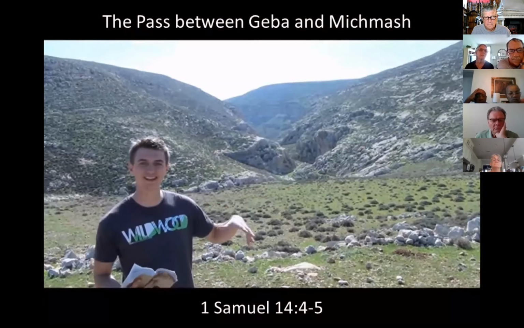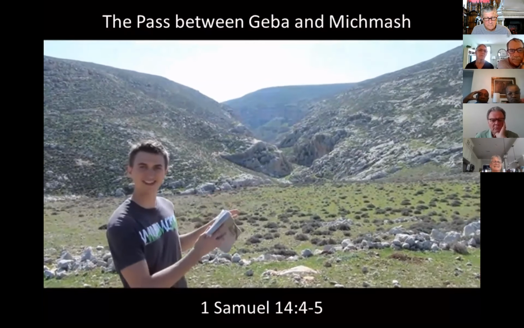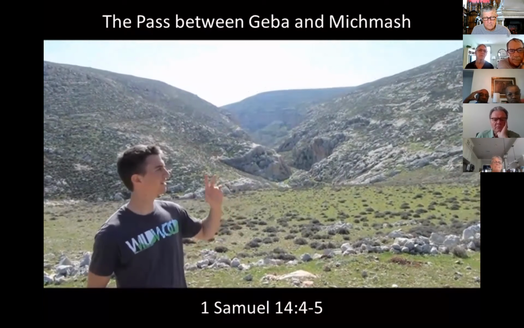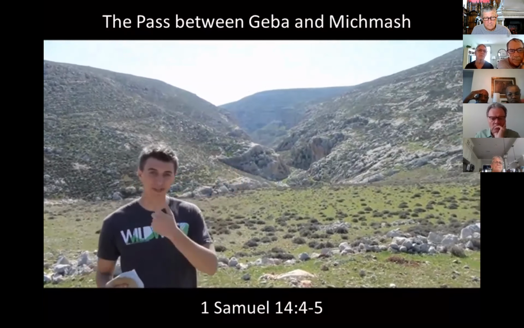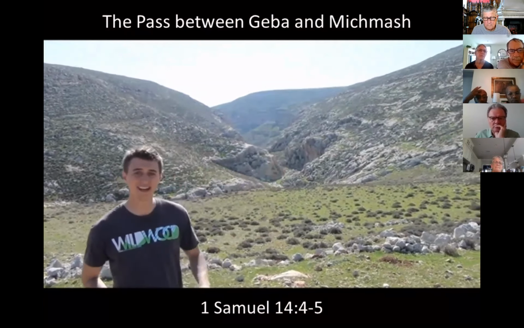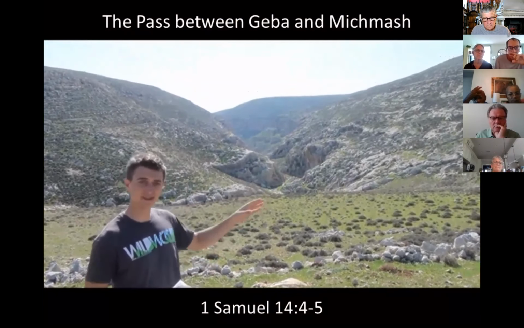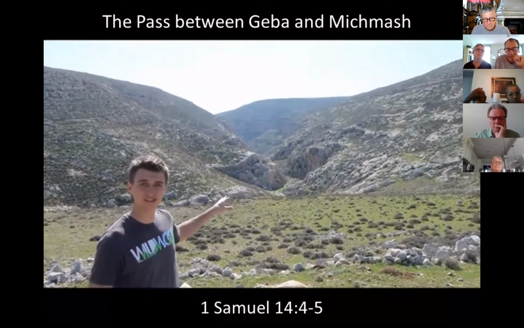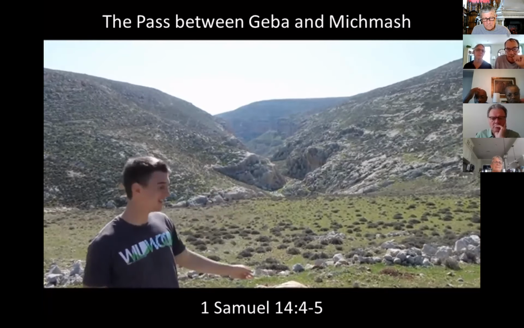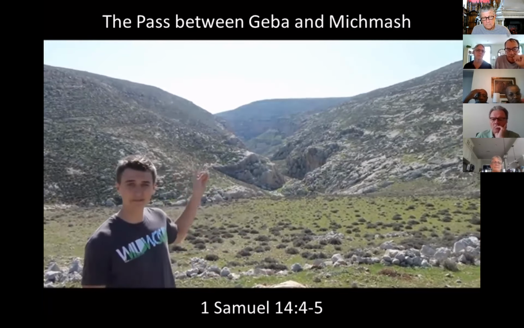We are down in the Suanit Valley, where we were just overlooking between Michmash and Geba. And this is a place where Jonathan crossed with his armor bearer from Geba down here between these two cliffs, which he had to climb using his hands, up to the Philistine garrison at Michmash.